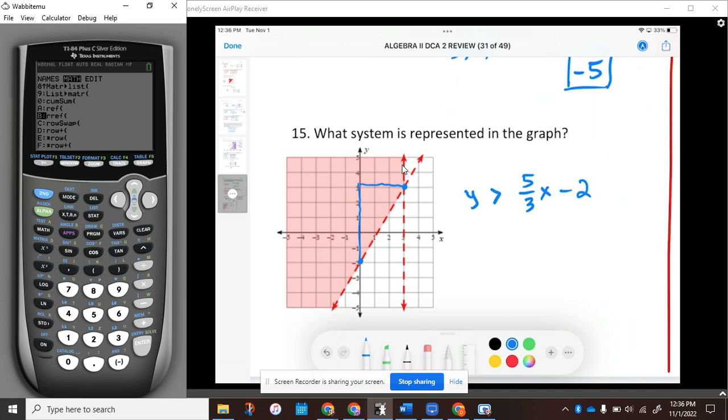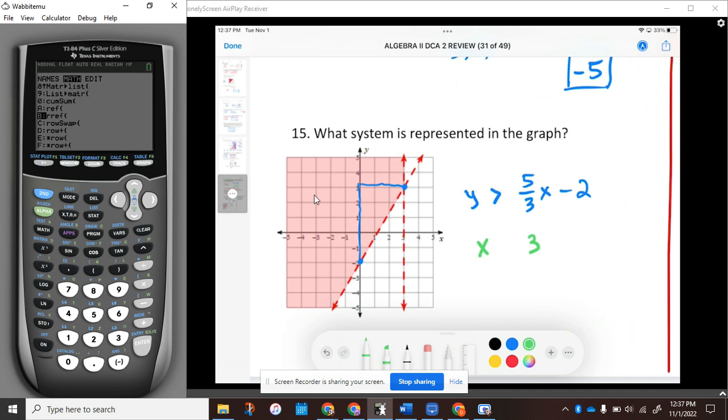Let's look at this straight up and down vertical line. If you have a straight up and down vertical line, is that x by itself or y by itself? That is x by itself. This vertical line is going to be x, and it's at the value of +3. We just need to know which side is shaded, the left side or the right side.